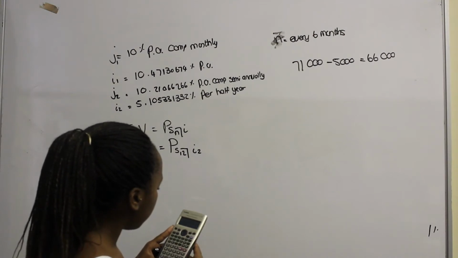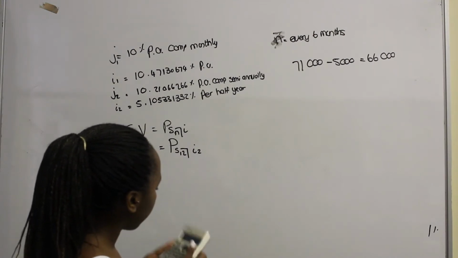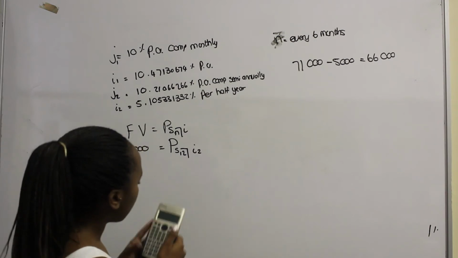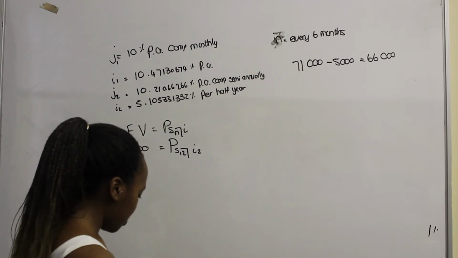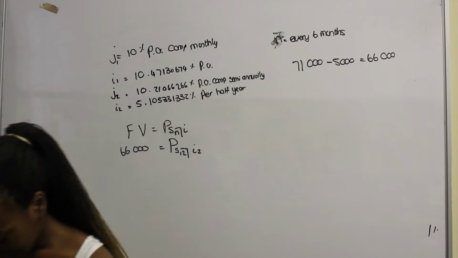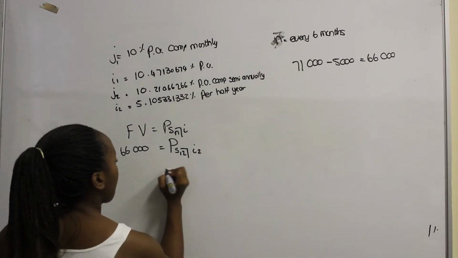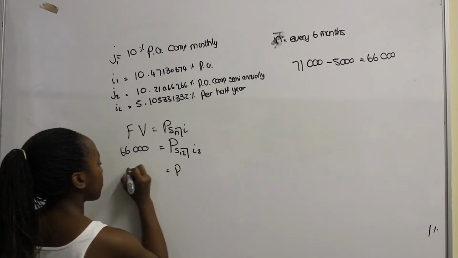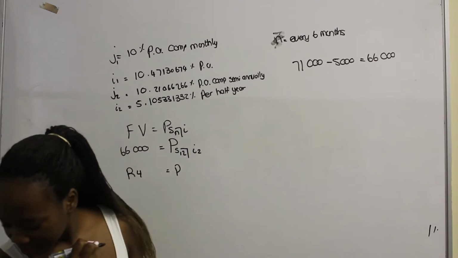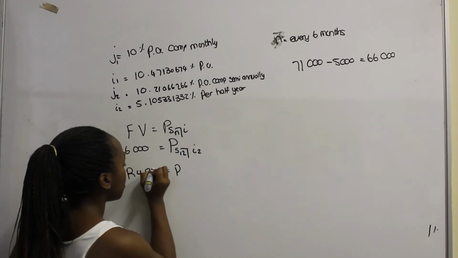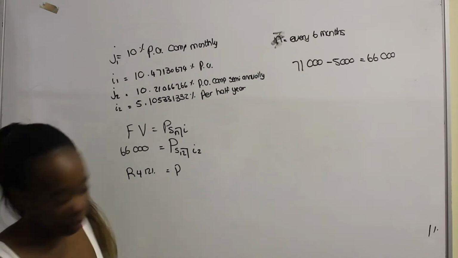Our payments is 0 because it's what we're looking for. Then future value 66,000. Press solve on the PMT and we get 4,121.26.